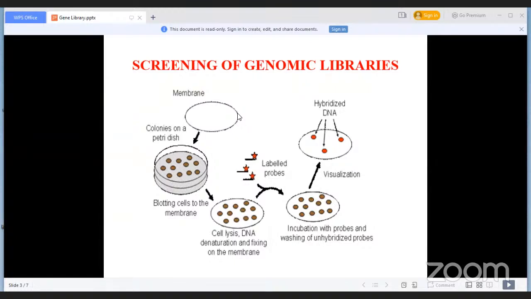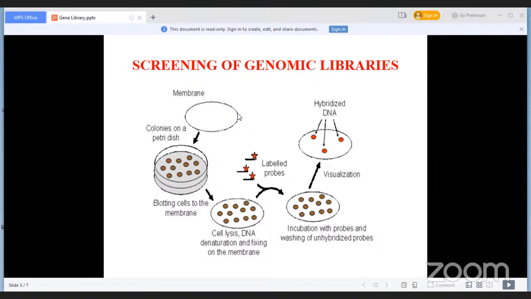Let's see the cDNA advantages and disadvantages. The best advantage is we select only the functional genes, not all, right? And we can easily understand gene expression because you study the mRNA only.